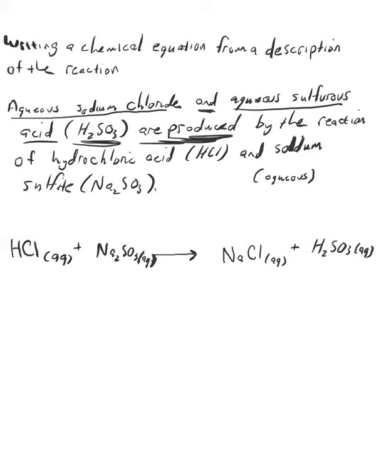We don't have the balanced equation, but we've at least written it so that, in theory, it could be balanced. It doesn't look like it is, but in theory, it could be, okay? Now, if you're doing one of these problems and you just don't know what the chemical formula is, just Google it, type in the words and find what the formula is, and you'll get it pretty quickly.